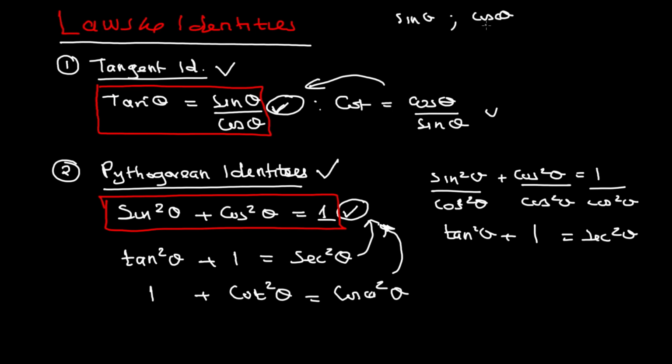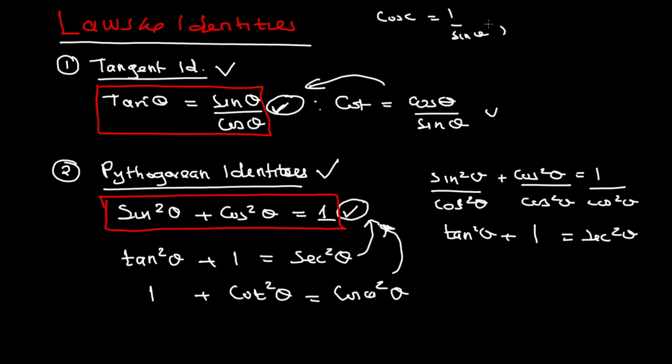Then we can say that these are smaller identities that you don't really have to remember, because you can work them out as long as you know the relationship. So cosec theta is equal to 1 over sine theta.